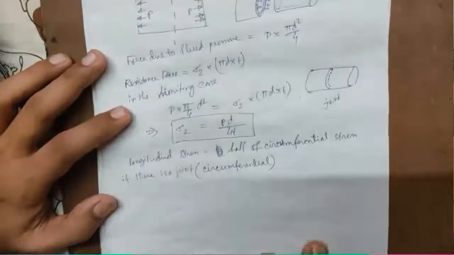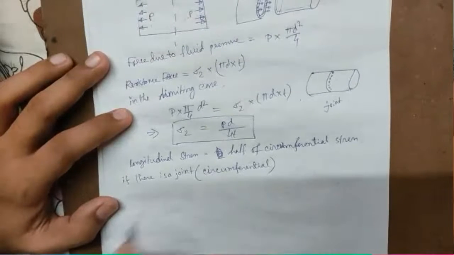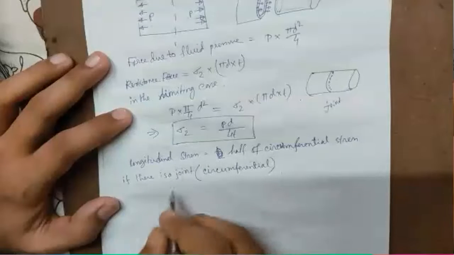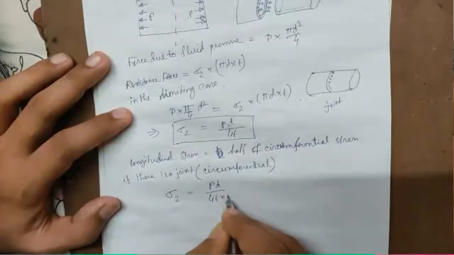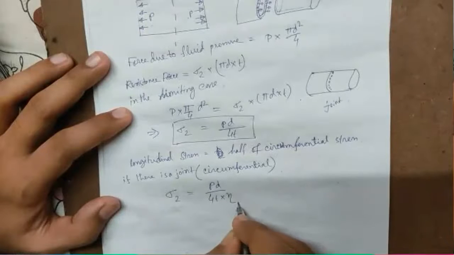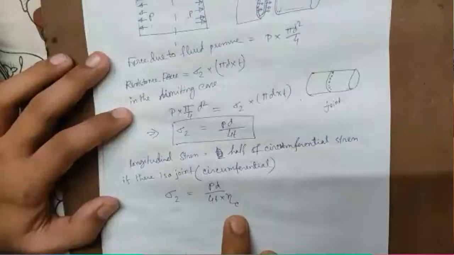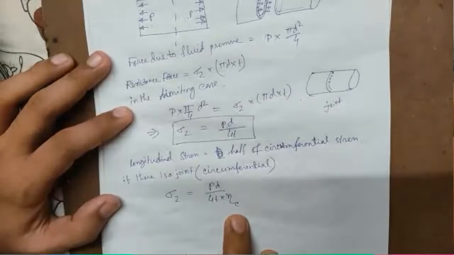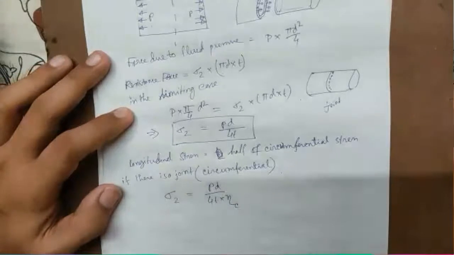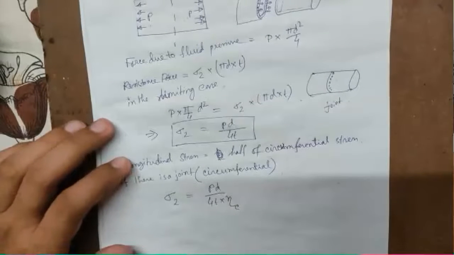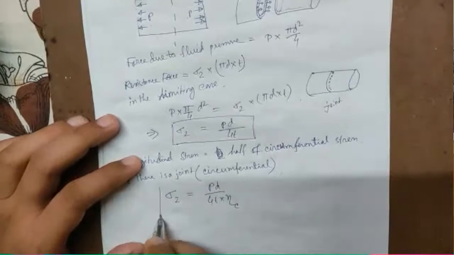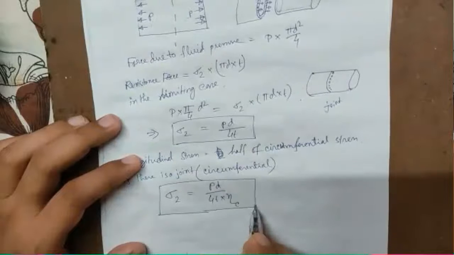So in case of a circumferential joint, this equation can be rewritten as Pd by 4t into the efficiency eta of the circumferential joint. So in that case, our new formula with joint will be this one.